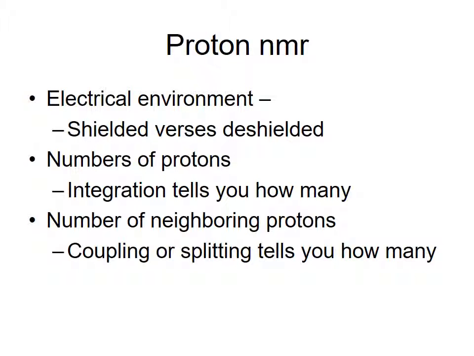When we're looking at proton NMR, we see a lot of different information. The first information is the electrical environment, whether or not the electrons are shielding it or deshielding it. And that tells us what kind of groups are attached to the carbons. It tells us how many protons we have, because the size of the peak, the area under the curve, is proportional to the number of protons making that peak.